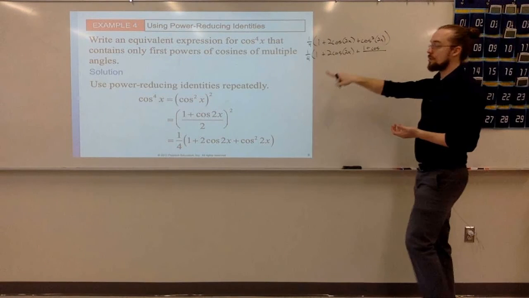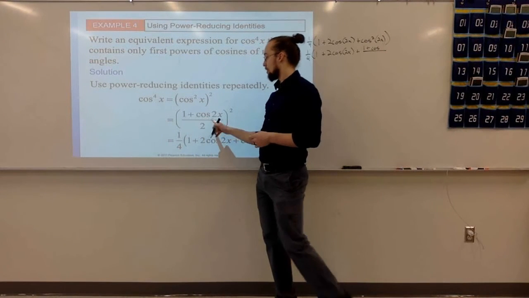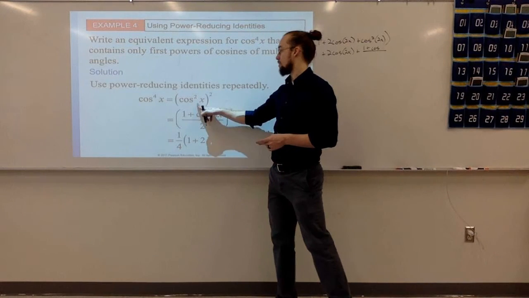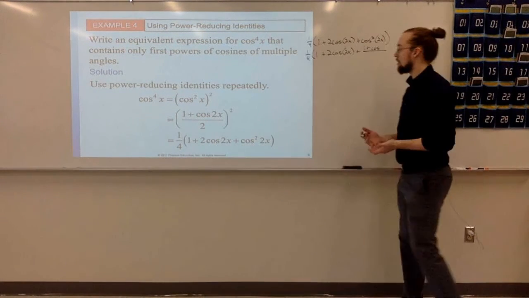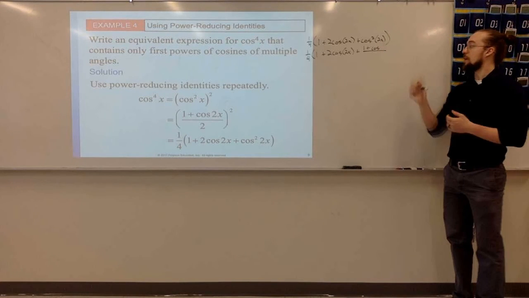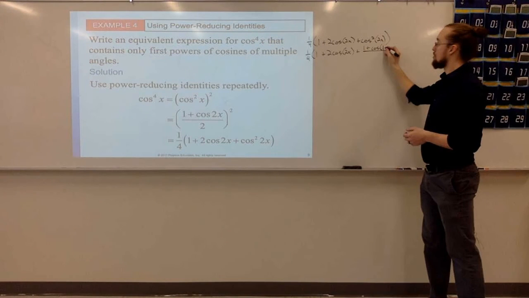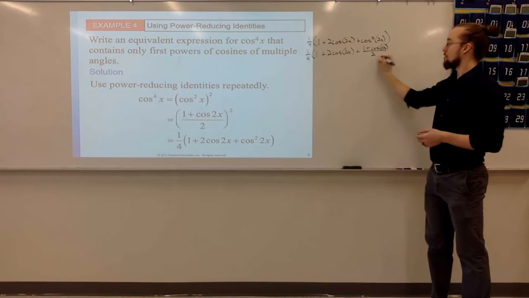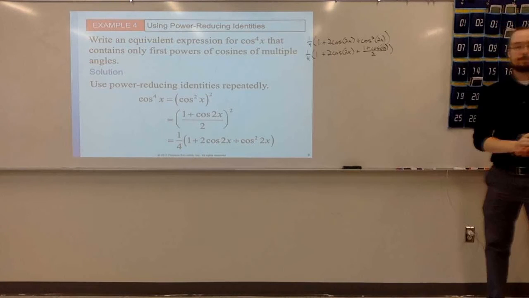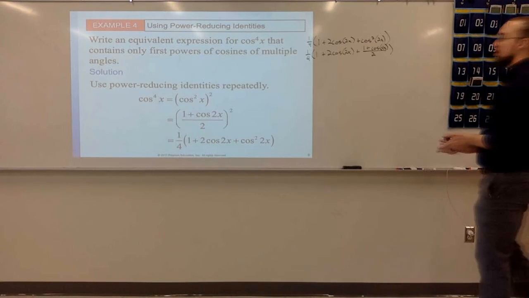That's all we're doing to get from cosine squared of x to here. I'm taking 2 times whatever this value was inside of here. So if I'm using my power reducing formula on an angle that was 2x, I'm multiplying that by 2, and this is going to become 4x. You okay with something like that?